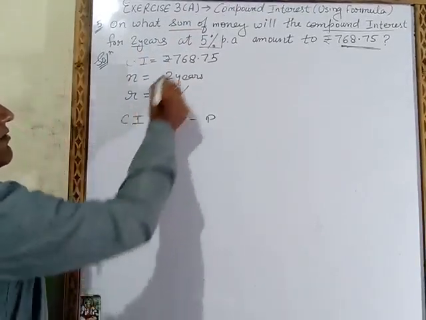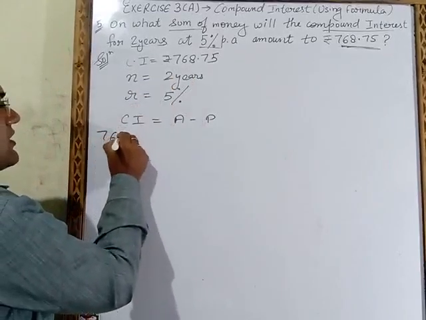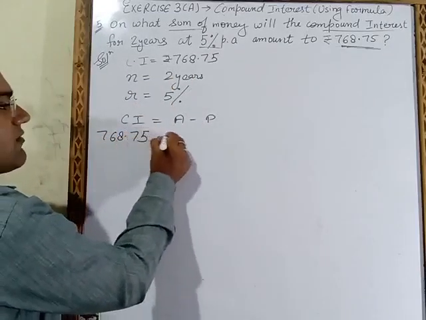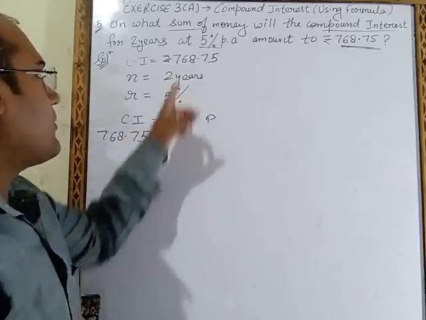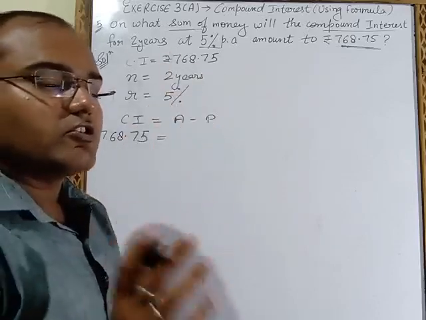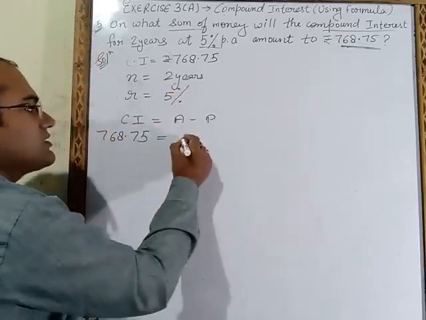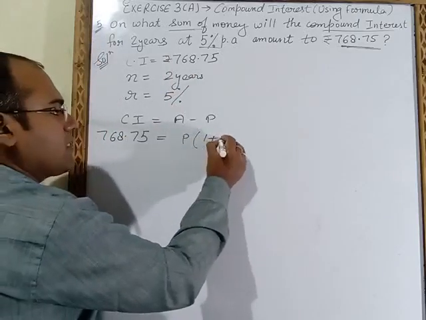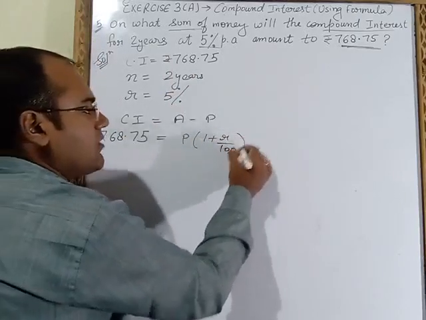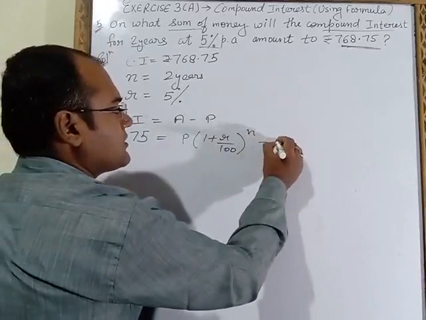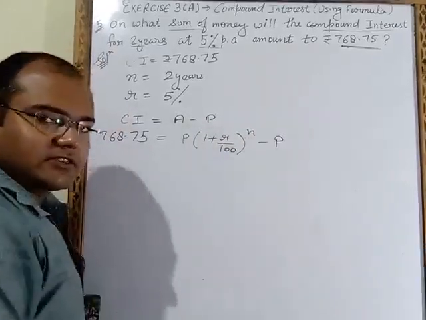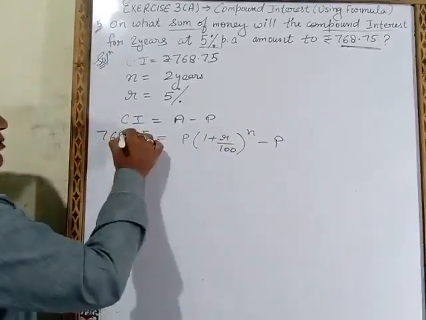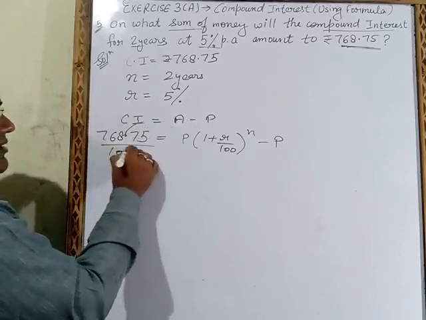Under CI we will use this value: 768.75 is equal to amount. Amount is not given in the question, so we will use the formula for amount. The amount formula is P(1 + R/100)^n minus this P, which we write as it is. Now this point we can remove and we can take 100 here.